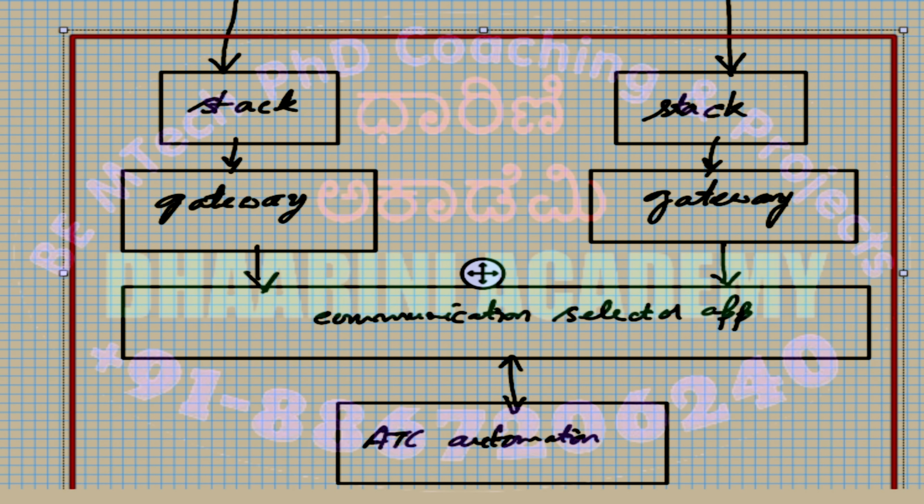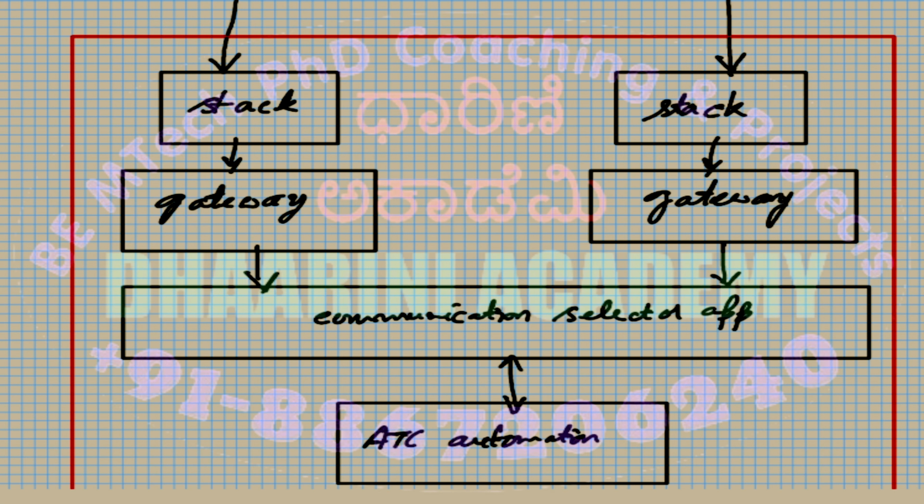All right. So we have varieties of communication that can come from an aircraft towards the ATC, from the aircraft to ATC. Right.